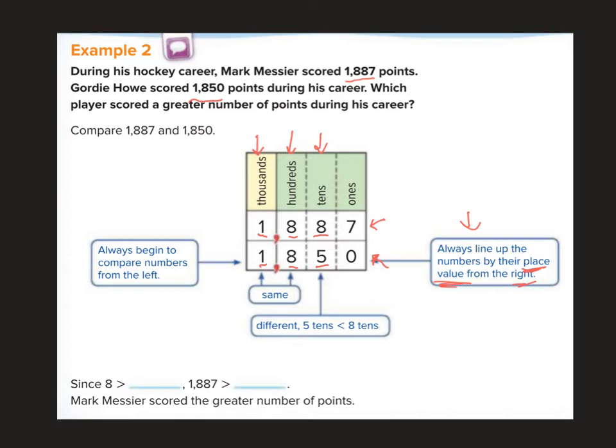Okay, so we know that 8 tens are more than 5 tens, and so since 8 is greater than 5, we know that 1,887 is greater than 1,850. So Mark Messier scored the greater number of points.